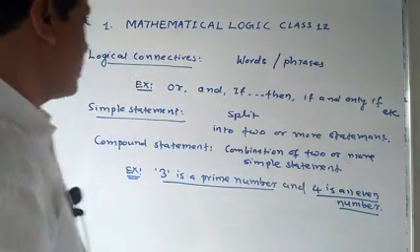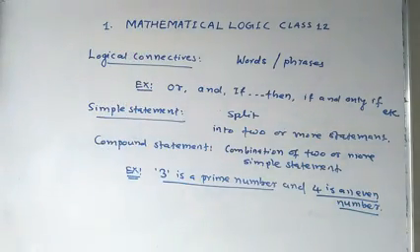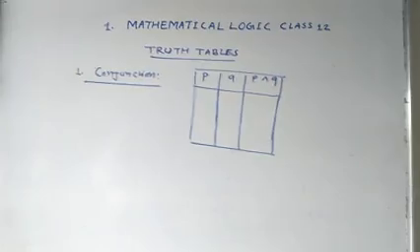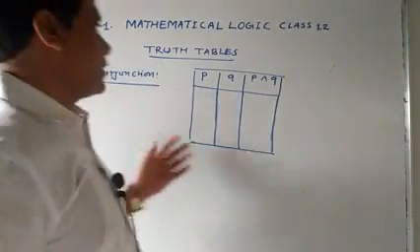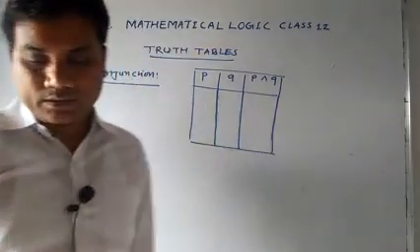Now we see truth tables. Truth table for conjunction.